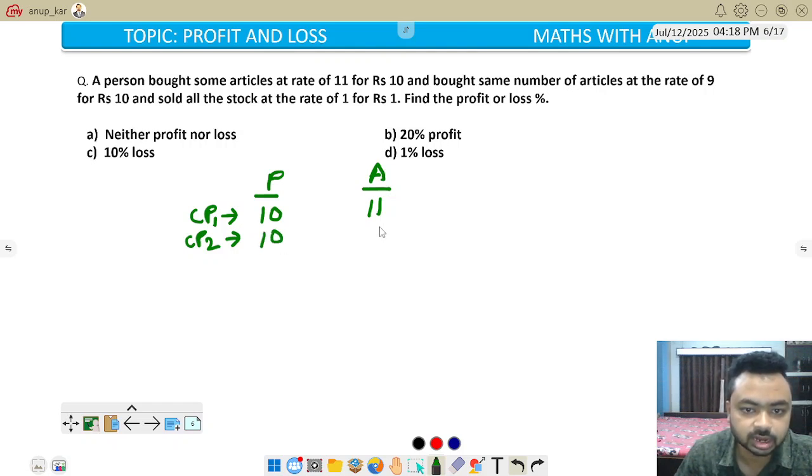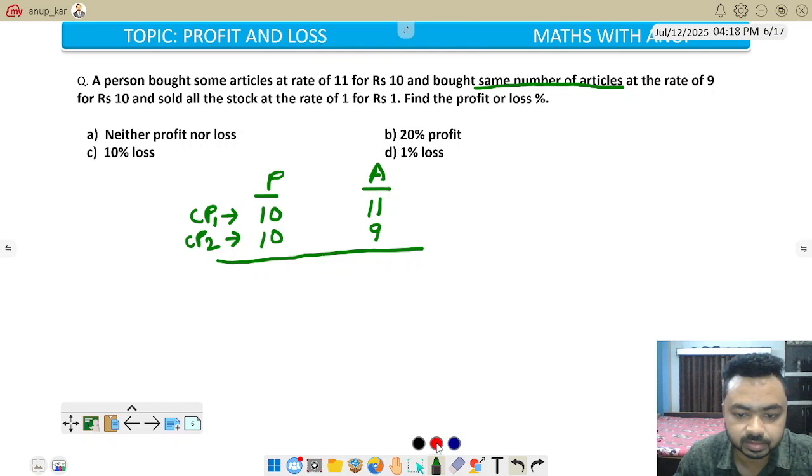So we have to make the number of articles same. We will multiply this 11 with 9 and 9 with 11. Similarly here also we will do 10 multiplied with 9, 10 multiplied with 11.